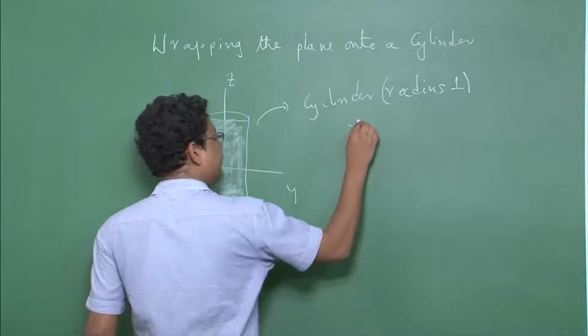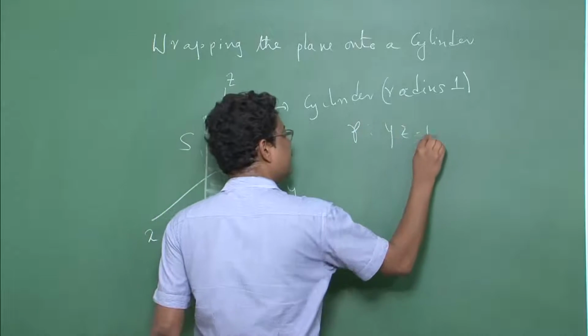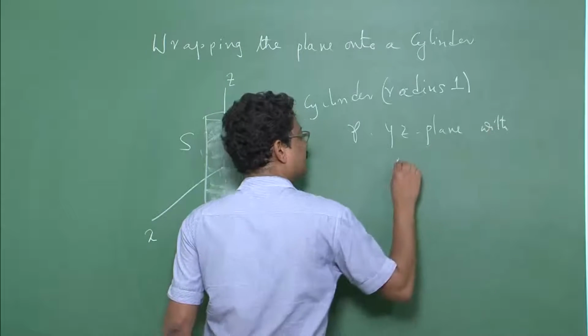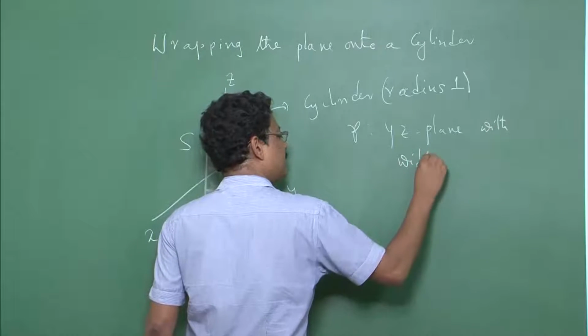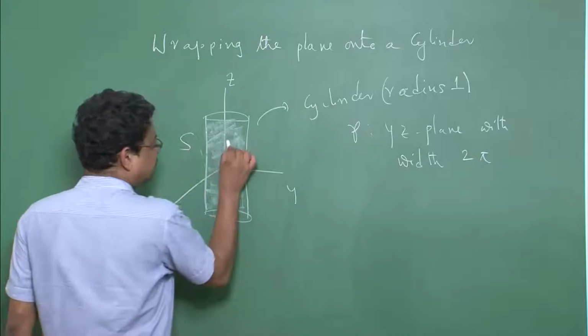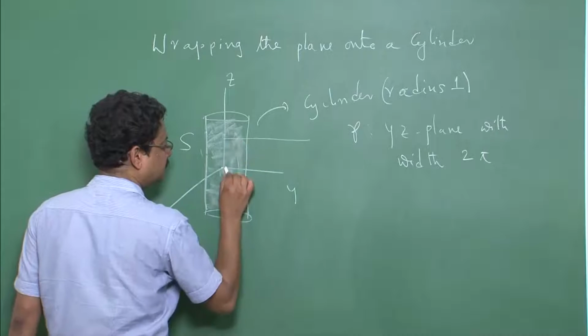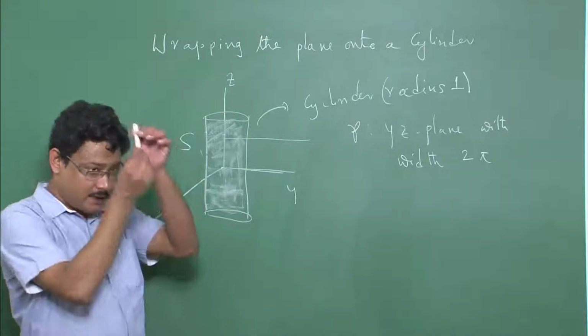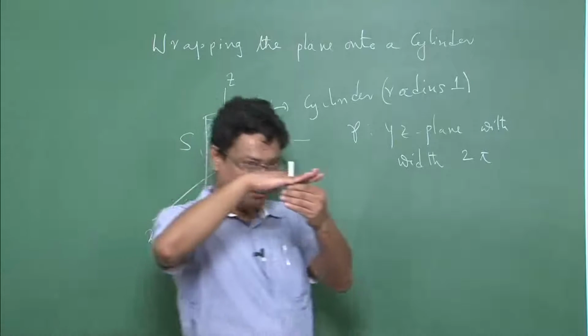I take the plane P, the YZ plane, not the entire YZ plane, but with 2 pi. Now, what I am doing here, I have the cylinder, I have the plane out here.